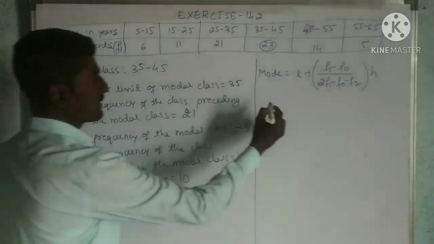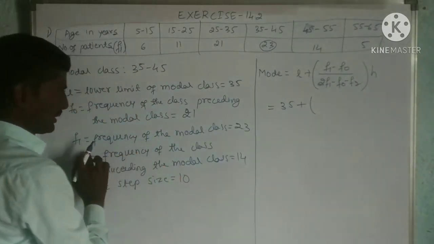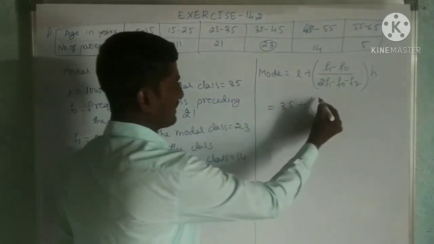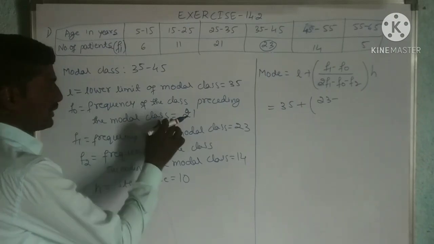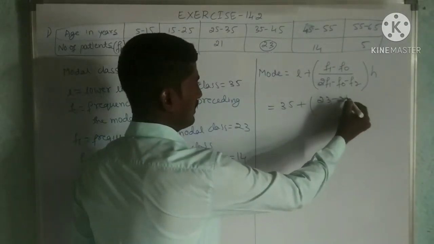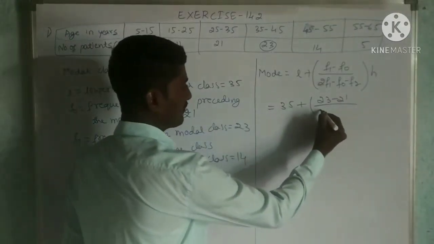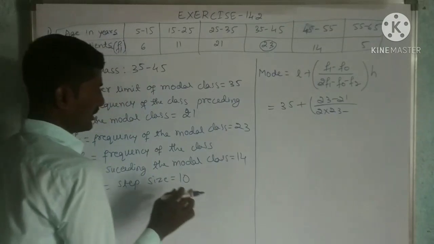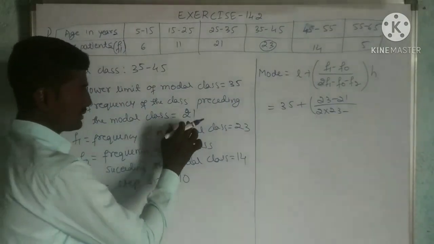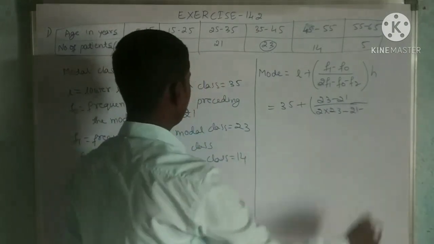So L is what here? 35 plus F1. Here F1 value is 23 minus F0. F0 value is 21, divided by 2F1, 2 into 23, minus F0, 21, minus F2.